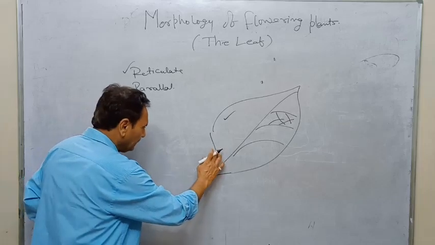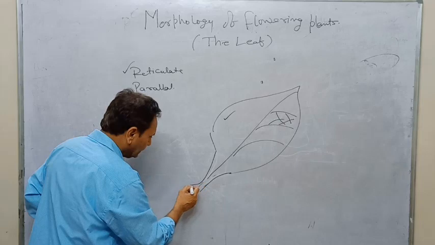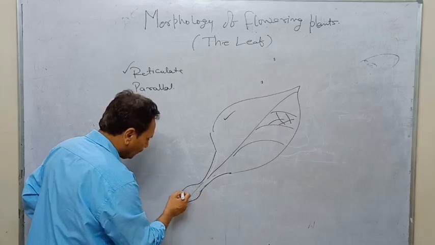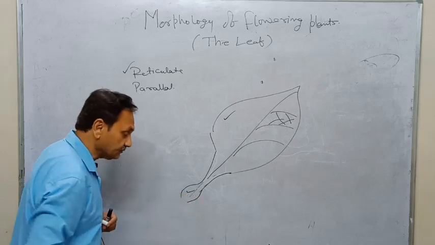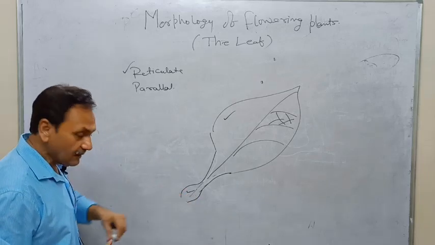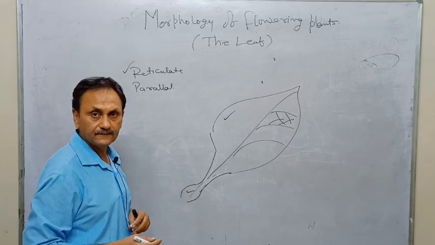In case of mango, it has been observed this midrib is somewhat swollen at the base. It is one of the important types of petiole, because this swollen part is called the pulvinus.